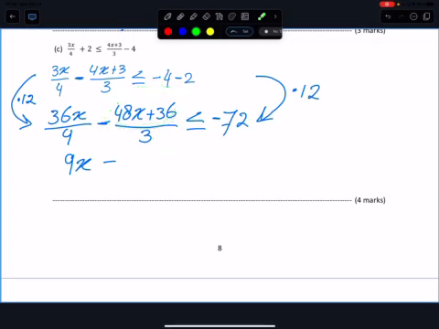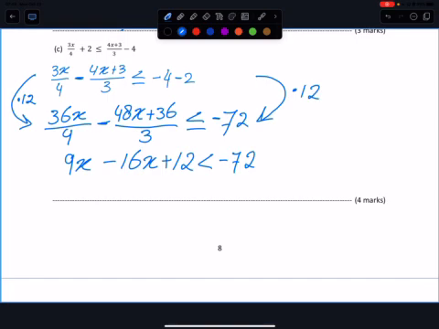So you just don't divide 3 with 48 and done. If you divide by 3, both of them get divided by 3. So 48 divided by 3, 16x. 36 divided by 3 equals 12. That is the new equation.